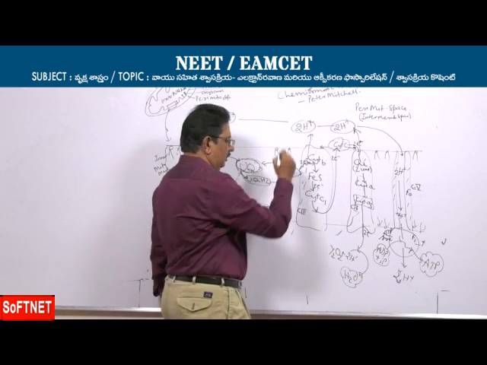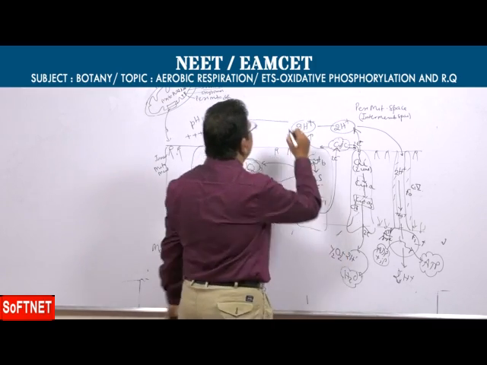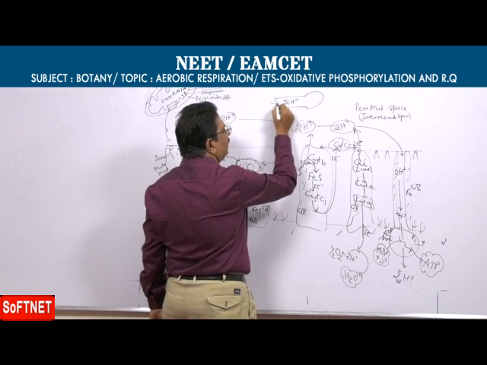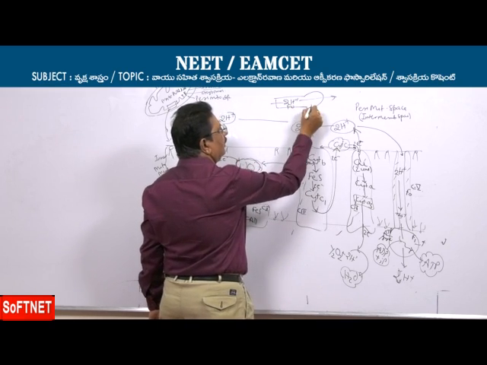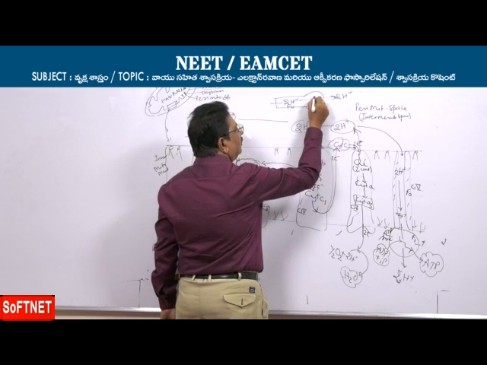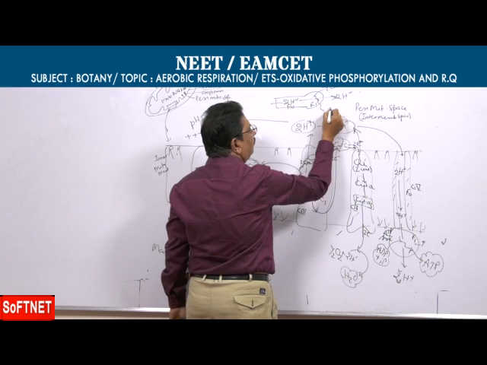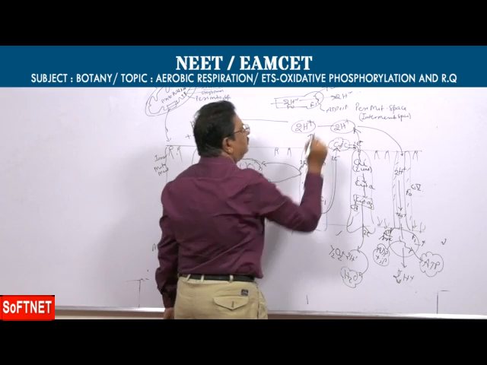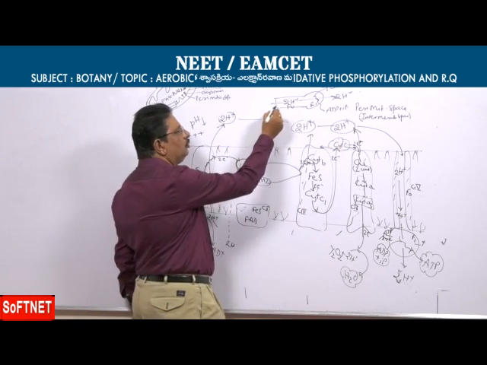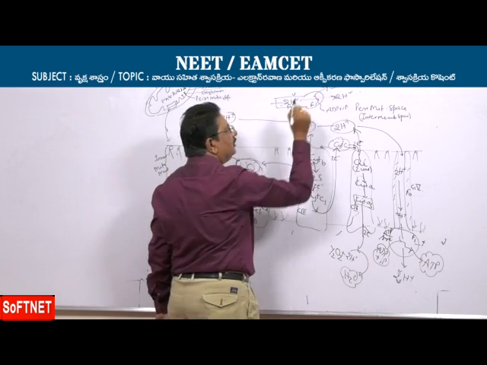As per the chemical characters, if 2 protons are transferred through the F0 and F1 particle according to their gradient, the energy is sufficient to form 1 ATP from ADP. And so as per the chemical energy calculations, every 2 protons that travel through complex 5, 1 ATP is synthesized.